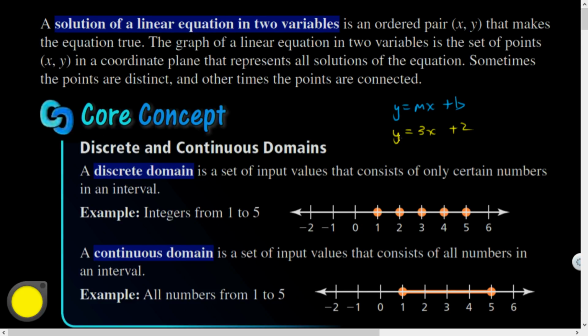All right, so for instance, if y was 5, what do you think x would have had to be? 3 times what plus 2 is 5? Let's see, 3 times 1 plus 2. 3 times 1 is 3, plus 2 is 5. So (1, 5) is a solution of that linear equation.